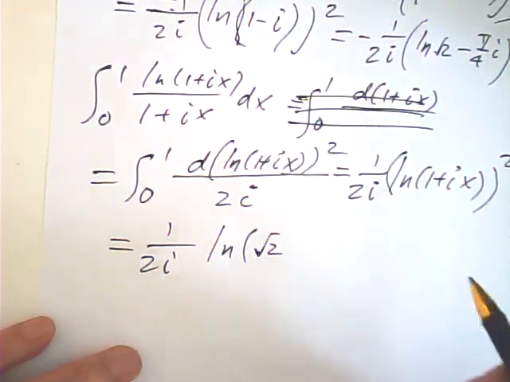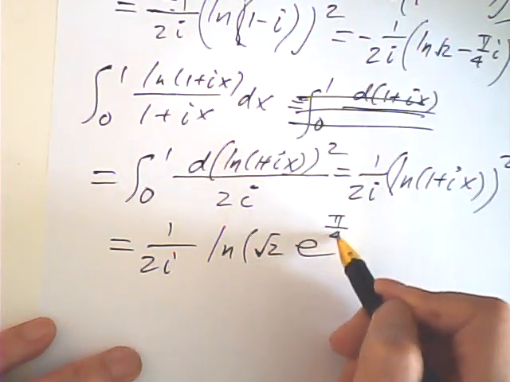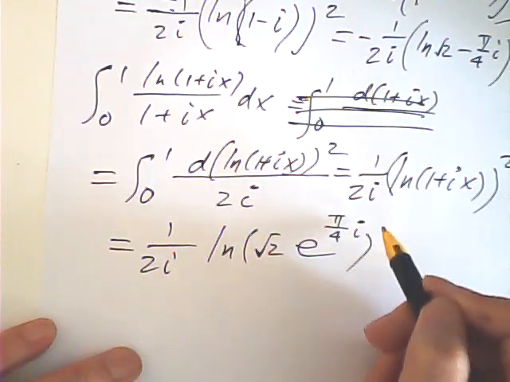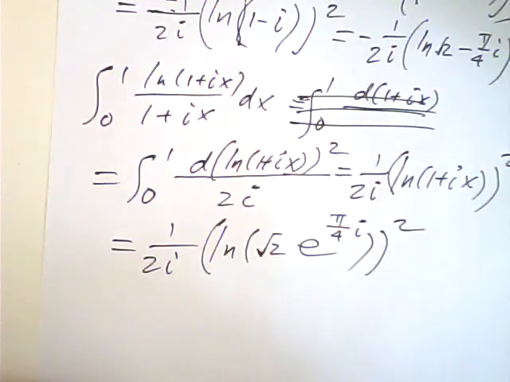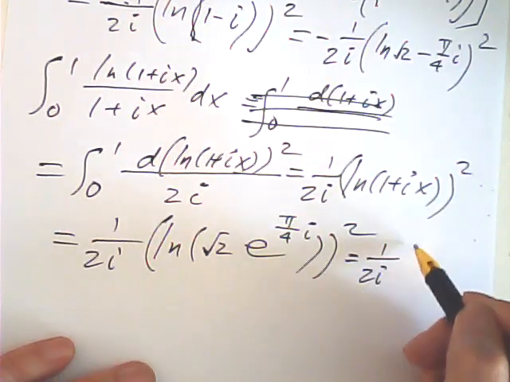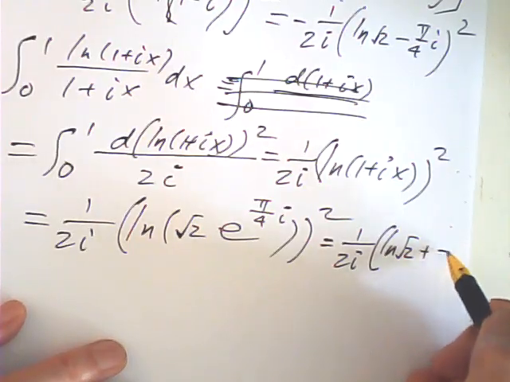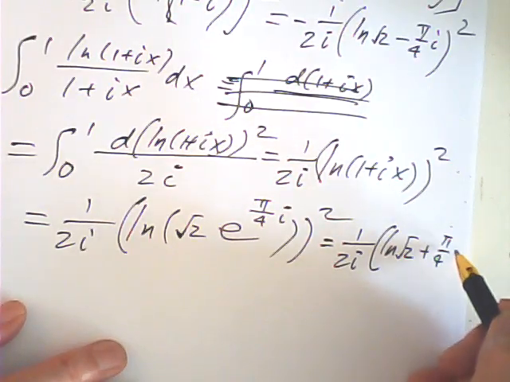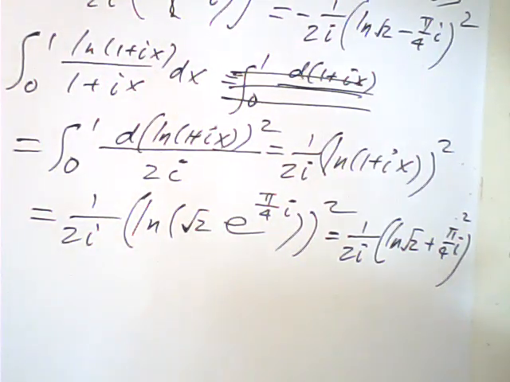The modulus is root 2 and the argument is a quarter pi. So this one is equal to log 2 plus quarter pi i, squared.